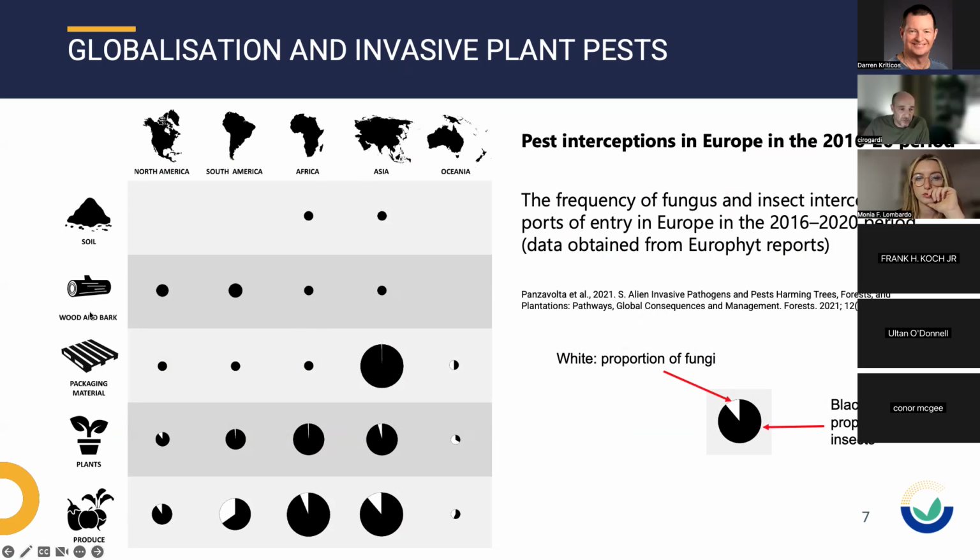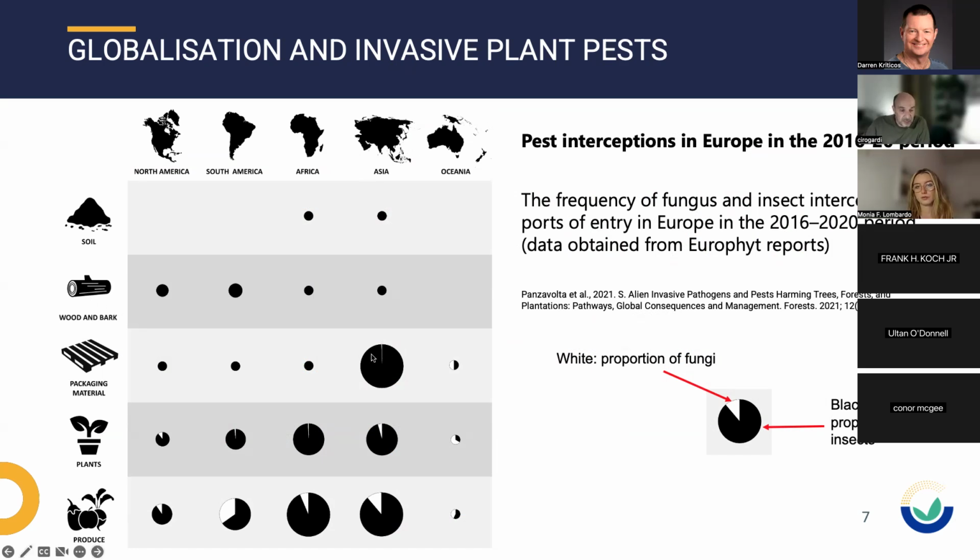But the row represents which type of commodity is responsible for most of the interceptions. Sorry, interception, not introduction, because not all the interceptions result in outbreaks, of course, luckily.